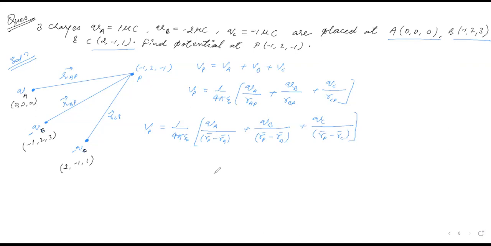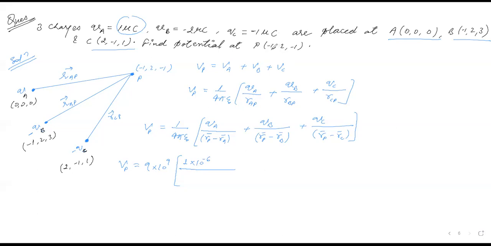So the total potential: you can write VP is equal to 1 over 4 pi epsilon naught, which is 9 into 10 raised to the power 9. What is your QA? QA is 1 microcoulomb, in the sense 1 into 10 raised to the power minus 6 coulomb, over RP.